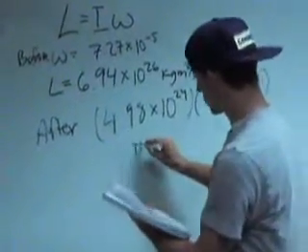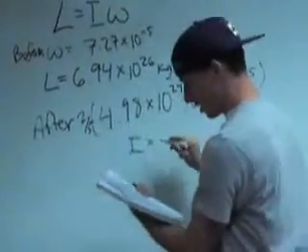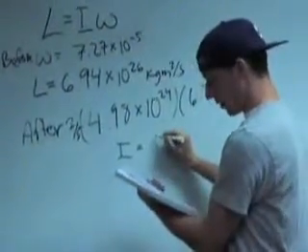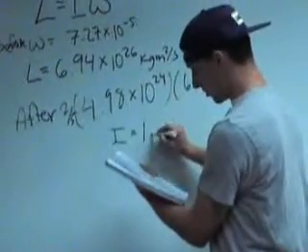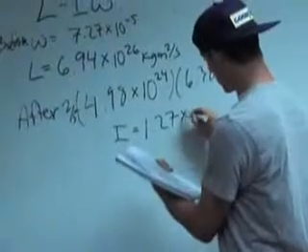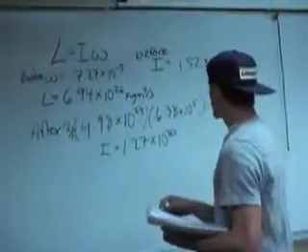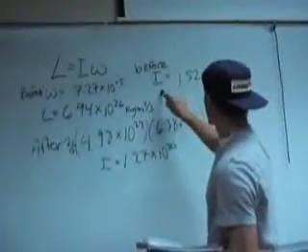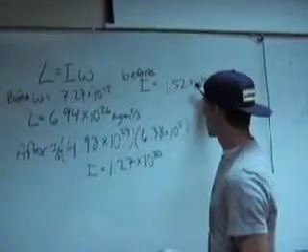It gives us a moment of inertia of 1.27 times 10 to the 30th. Okay, so what we've done here is before, our moment of inertia of the Earth was 1.52 times 10 to the 30th.